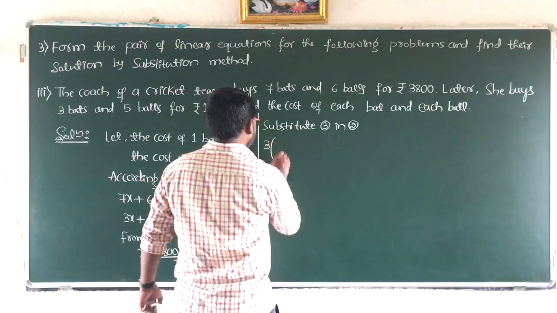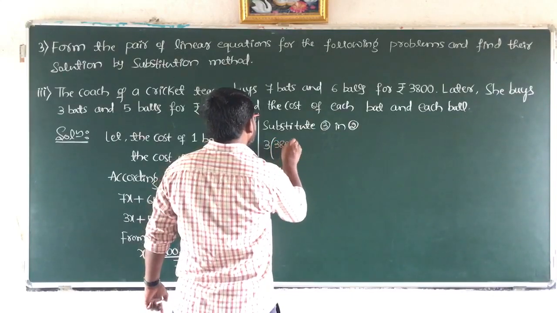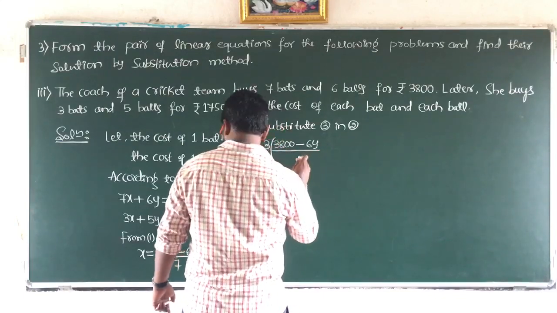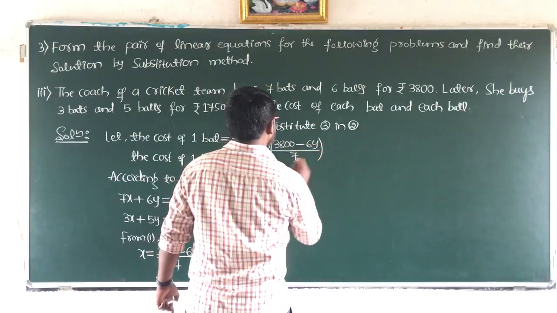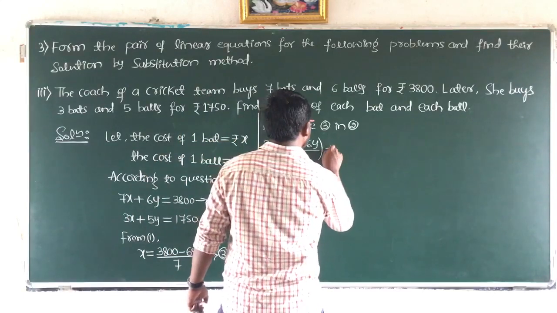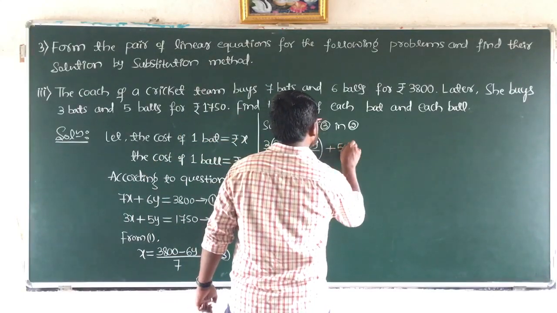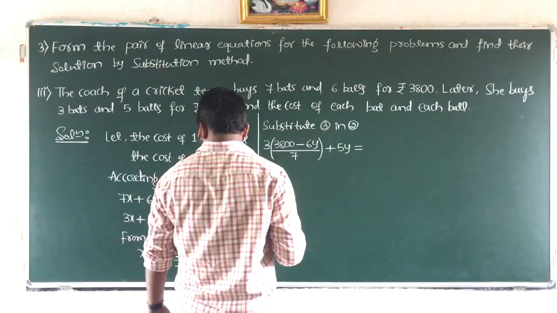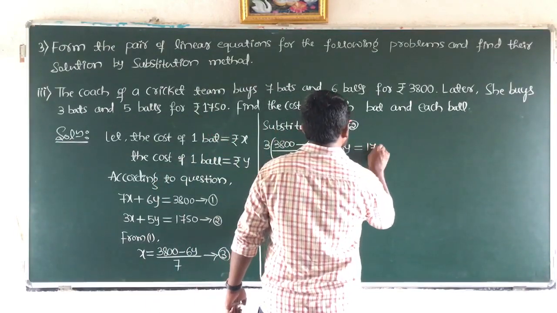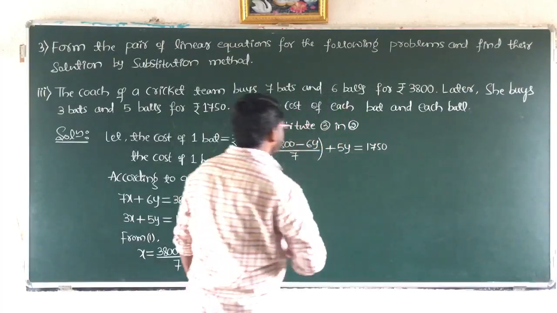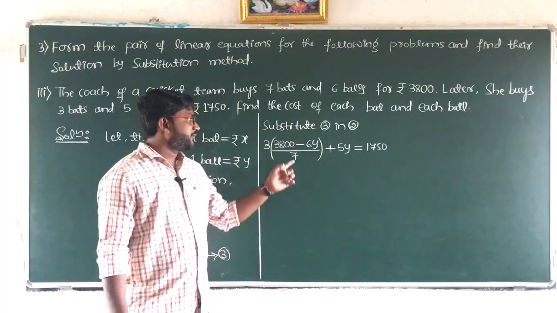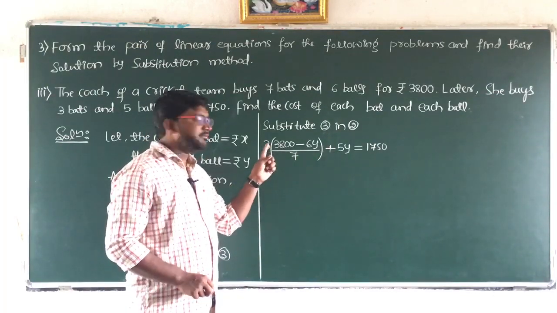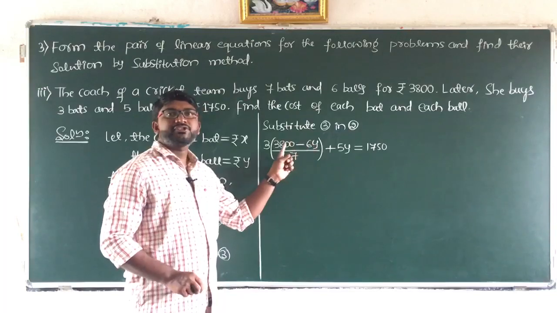So we get 3 times (3800 minus 6y) divided by 7, then plus 5y, which is equals to 1750. Now here we have to take up the LCM, and 7 will be multiplied with 5y, and at the same time 3 must be multiplied with these two terms.